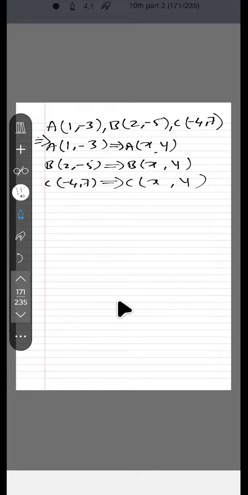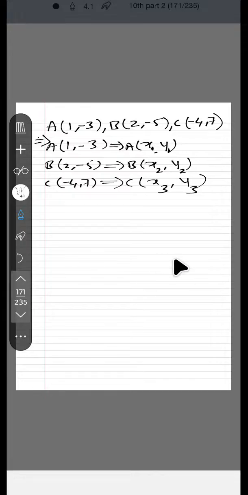You can see they all are coordinates of different points, therefore they are distinct. So I am going to represent point A as (x1, y1), B as (x2, y2), and C as (x3, y3).